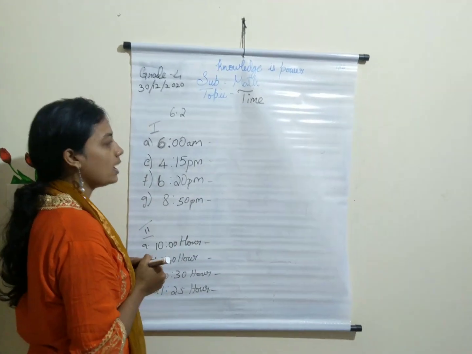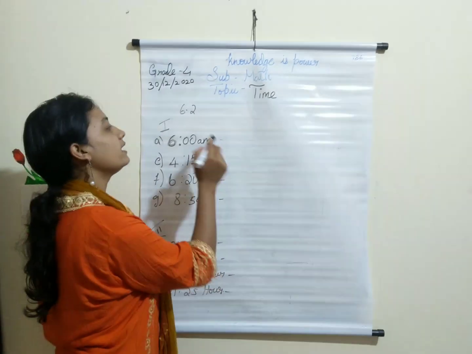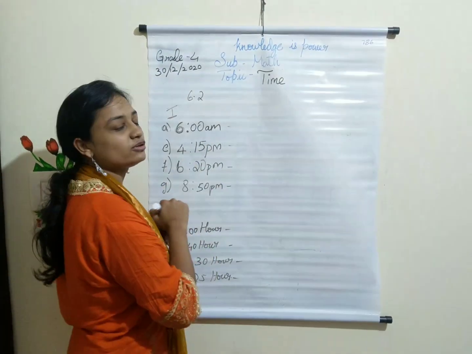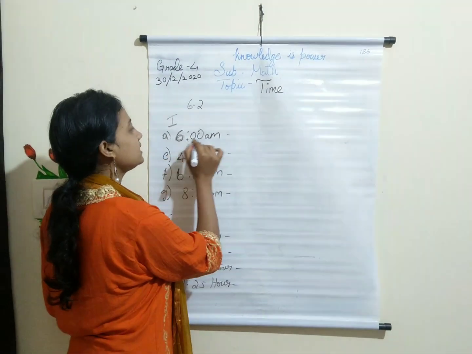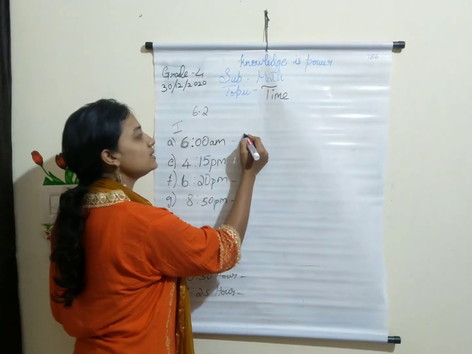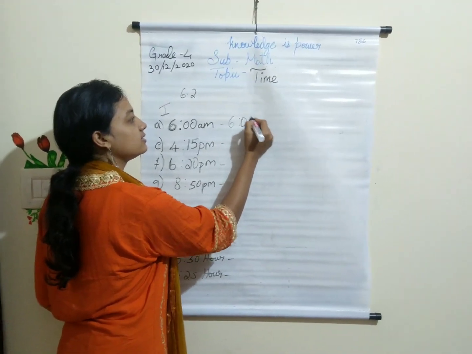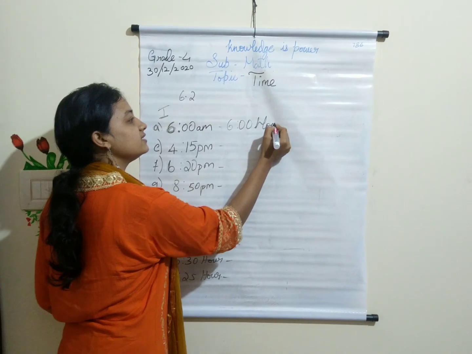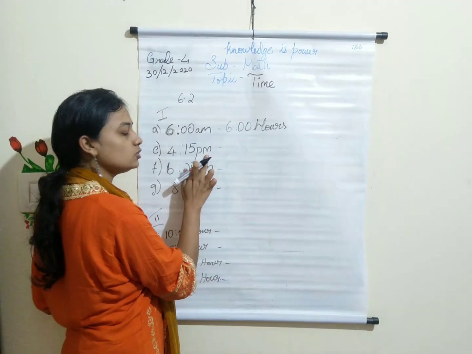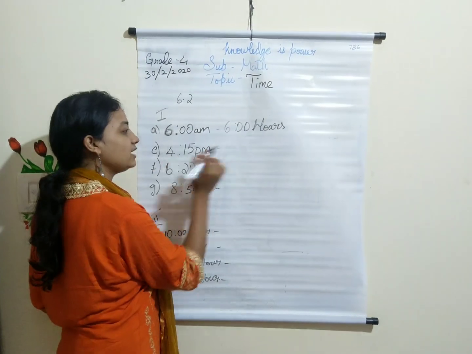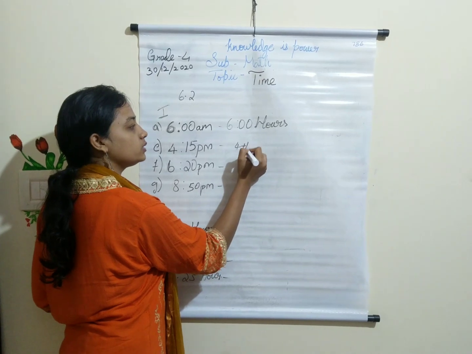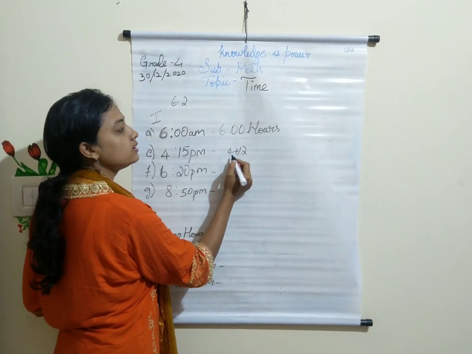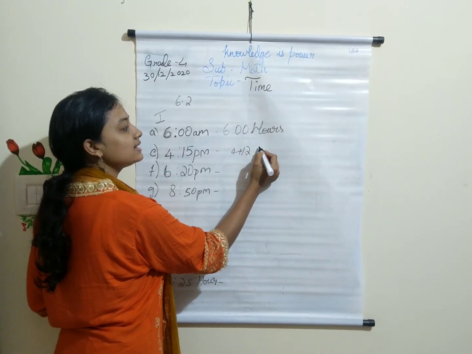Now let us go and answer them. I have told you when there is AM, there are no changes. So 6 o'clock AM will be 6 hours. When it comes to PM, I should add 4 with 12 to get my answer. 4 plus 12 is 16.